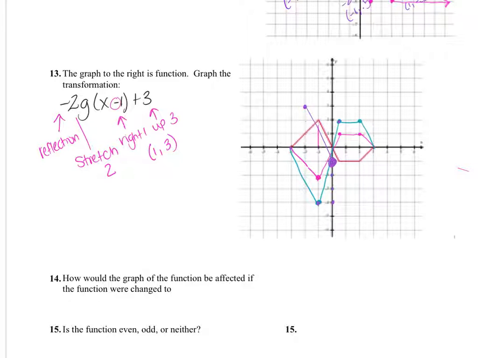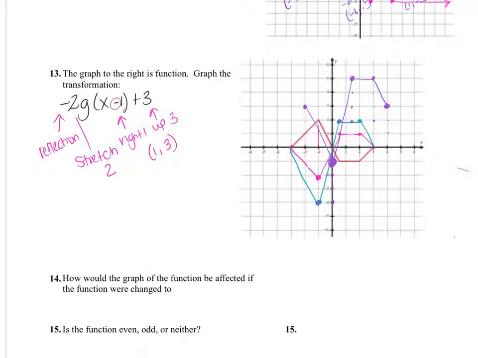We're going to want to go over 1, up 1, 2, 3. Same with this one. And then back on our x-axis, we go right 1, up 1, 2, 3.